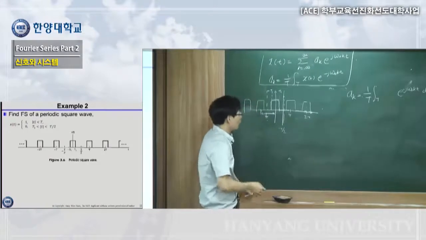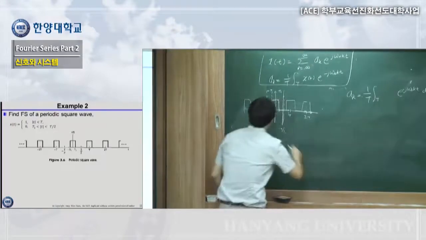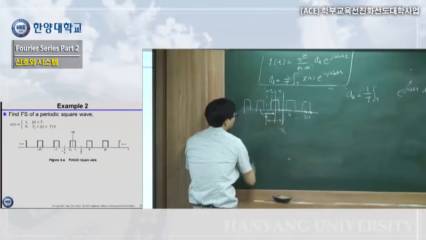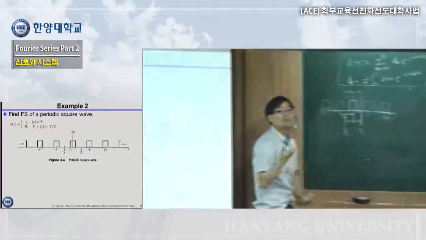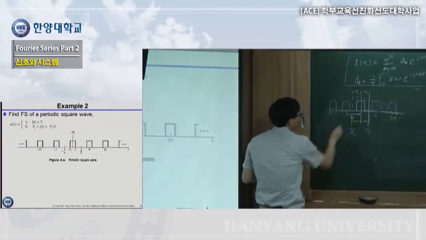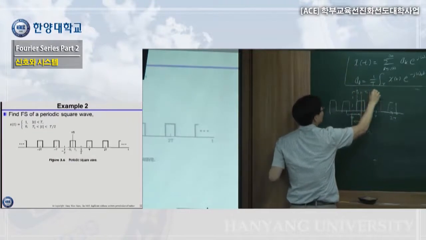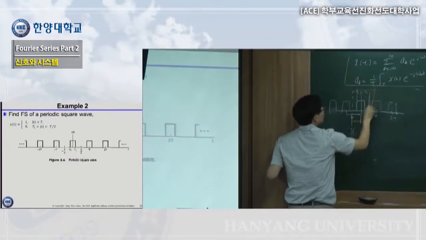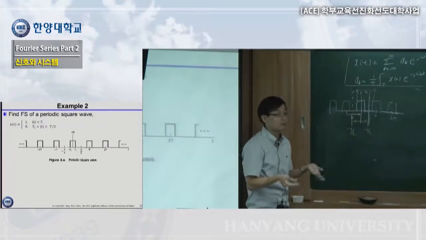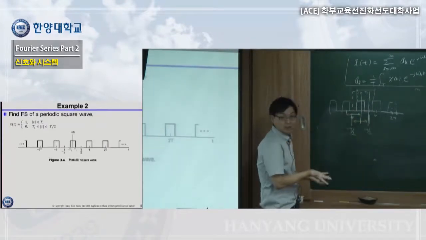If you integrate over a period, let's integrate from here to here. Of course, you can integrate from this edge to this edge, that's your choice, but we like symmetric.